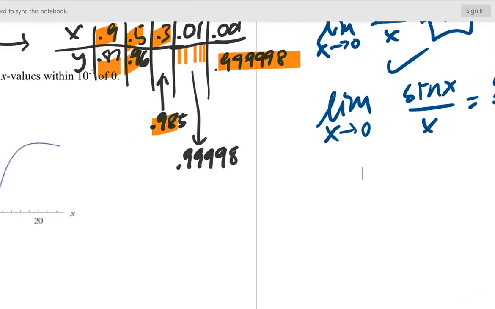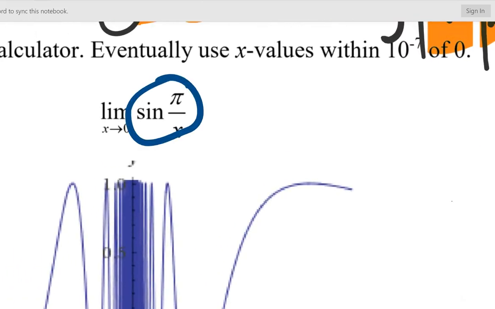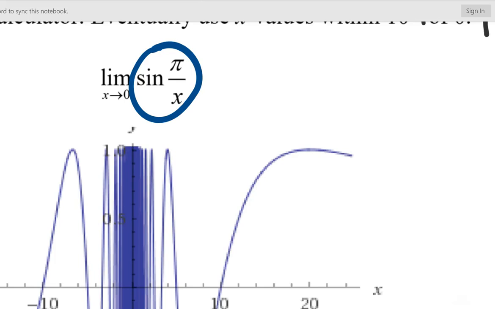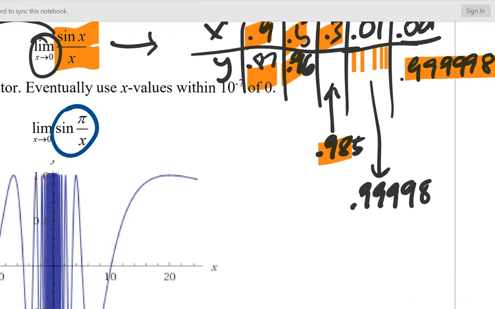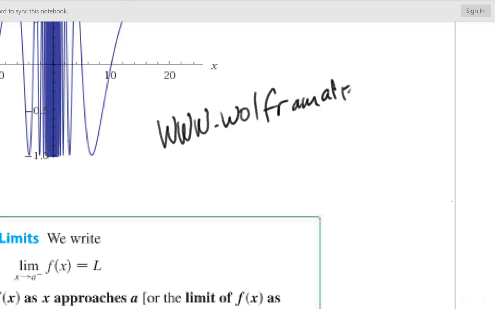All right, so now let's look at this one, sine of pi x over x. Now what I want you to do in your own time is go back to Wolfram Alpha and graph this, and do it from different numbers to different numbers. The website I was just using to graph was www.wolframalpha.com.